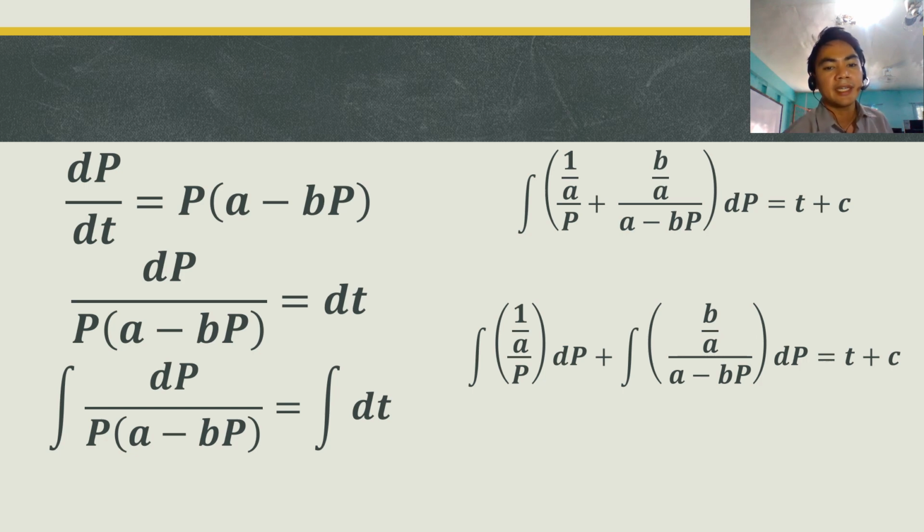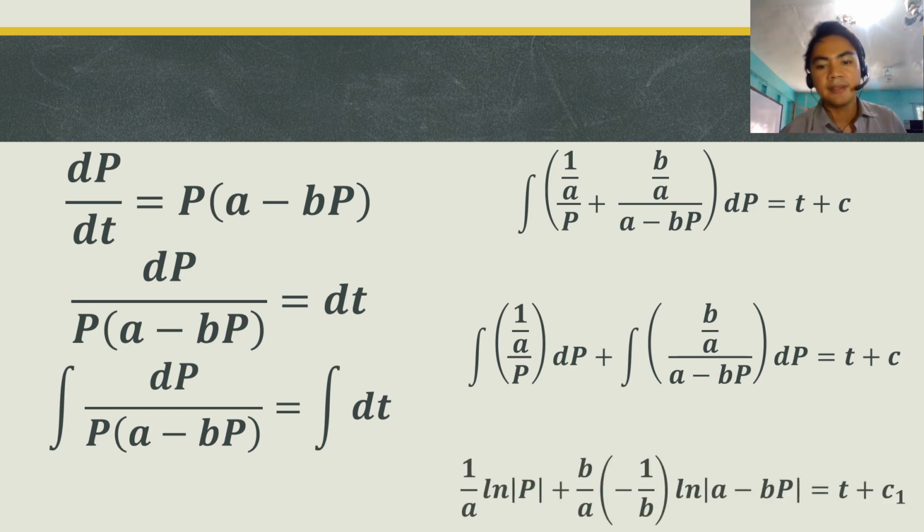And then let's separate the integration. We have the integral of 1 over a all over P dP plus the integral of b over a all over a minus bP dP is equal to t plus c. Now we can integrate this equation.